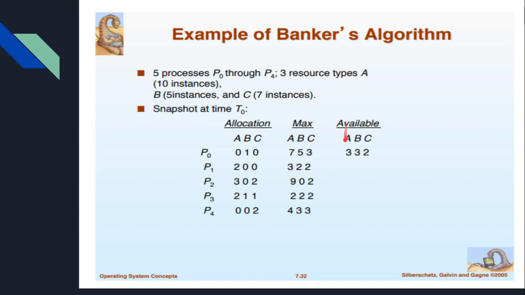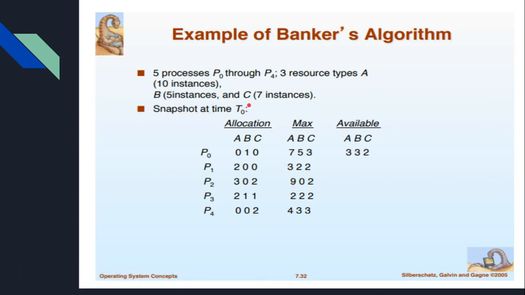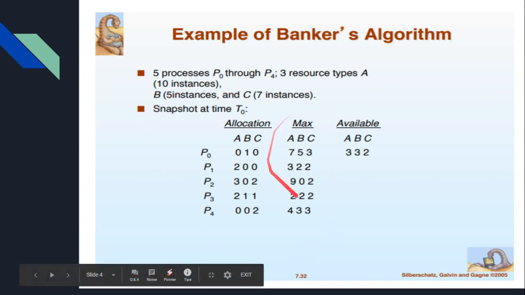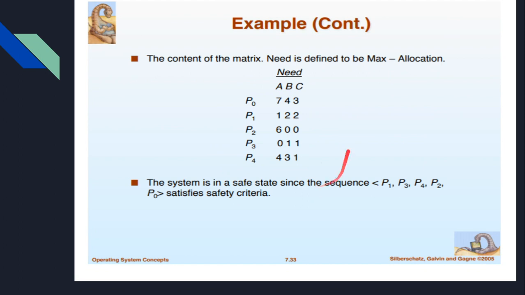This is a snapshot at one unit of time, because as time varies, the processes keep on acquiring and releasing resources. So this is at time t0, a snapshot of the process scenario.